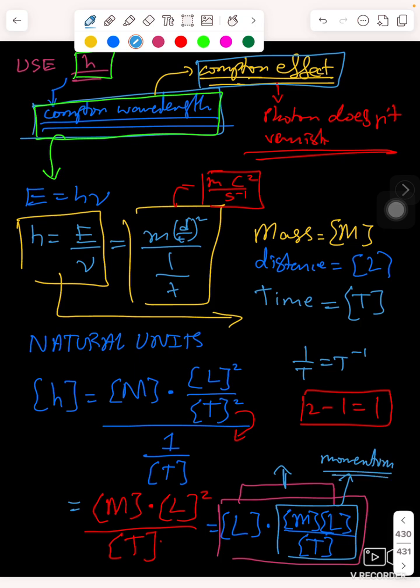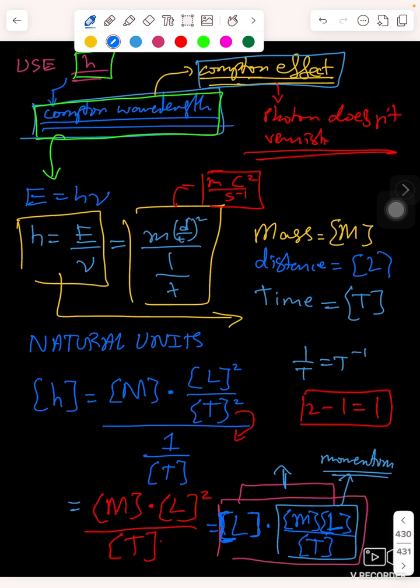Now how is this momentum? This is momentum because we know that L is distance, t is time, and distance over time makes velocity. So it's the expanded version of the momentum equation. And this L over here is the radius, or a distance.